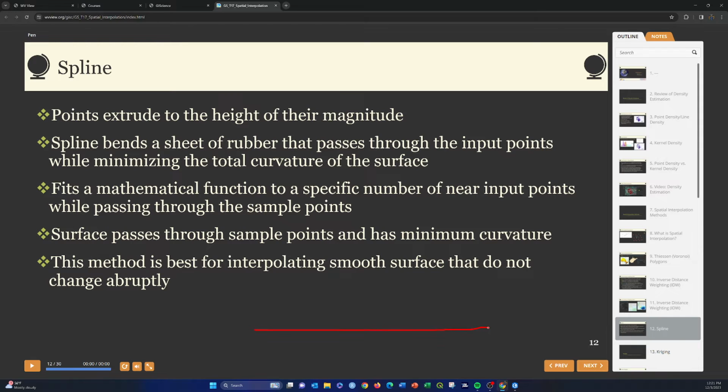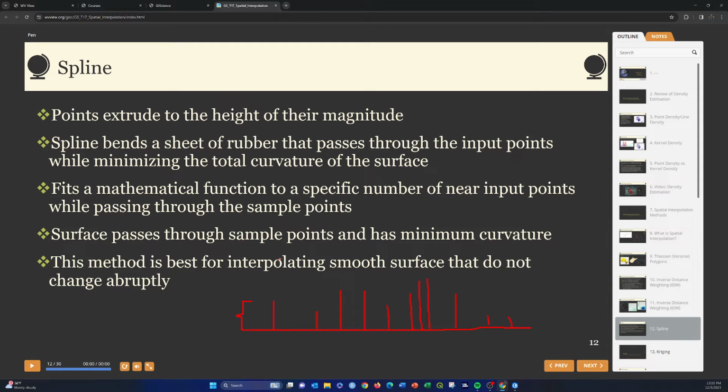So imagine, again, we'll just do one-dimensional space. You can extrude out all of your point measurements to a height that represents the magnitude of the measurement that you're interpolating. So this height would represent the magnitude of the thing that you're trying to estimate.